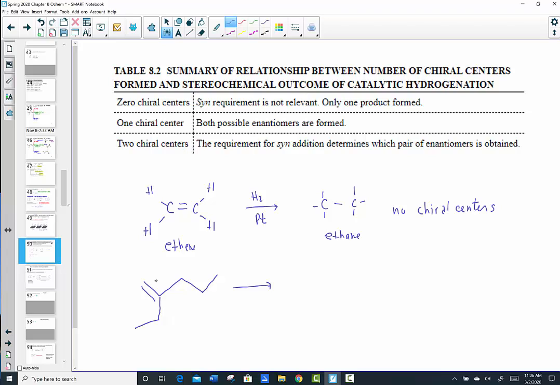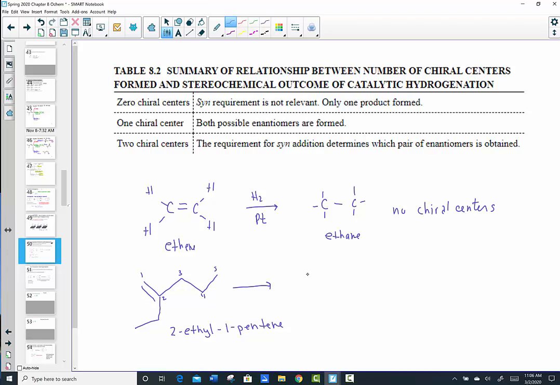So this will work. 1, 2, 3, 4, 5 in the longest carbon chain. So this would be 2-ethyl, and then you'd have a double bond and a 5-carbon unit, 1-pentene. So we're adding hydrogen across the double bond.